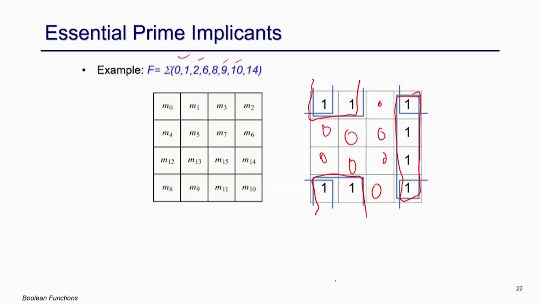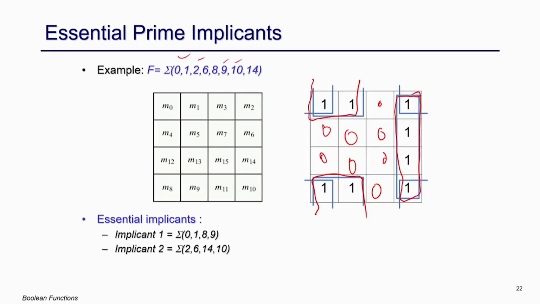If you think about this implicant, I have this implicant 1, which is this, and this implicant 2 is covering 2, 6, 4, 10. So this is my implicant 2 and this is my implicant 1.